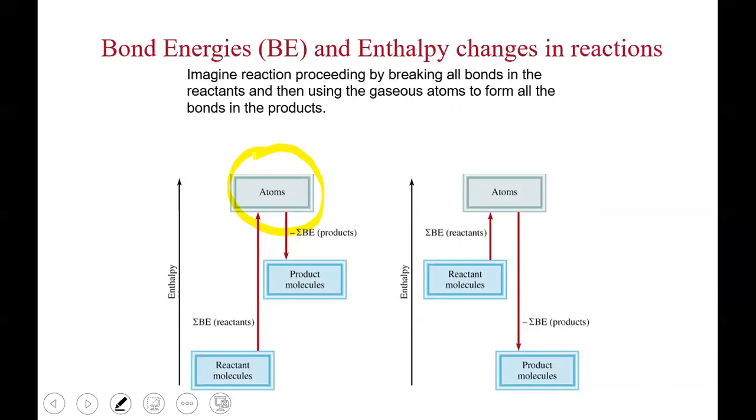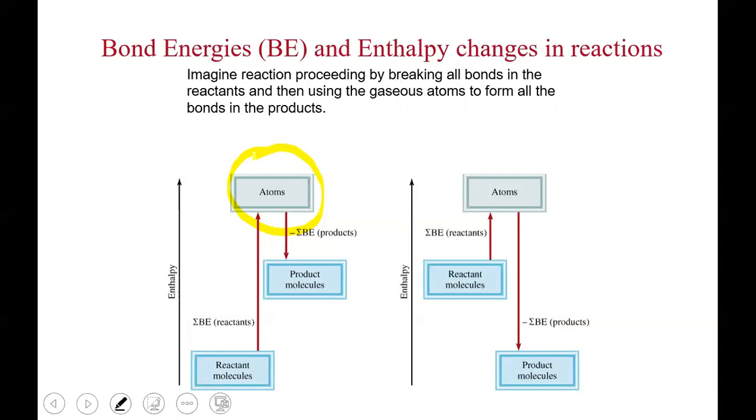So notice that in the one on the left, the cost of breaking the bonds is greater than the income, so to speak, or the return of forming the new bonds. So the reaction on the left is going to end up being endothermic. In the reaction on the right-hand side, you can see that the cost of breaking up the bonds in the reactants is smaller than the return that you get from making the products.